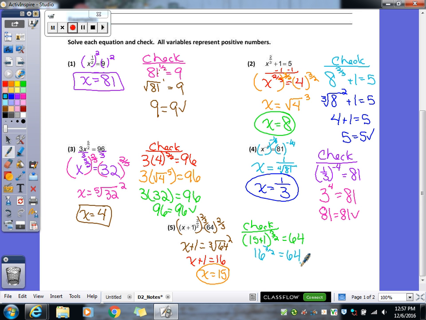Which means I'm taking the square root of 16 and then raising it to the 3rd power, which is 64. 64 equals 64. So how do we feel about those ones so far? Not too bad?